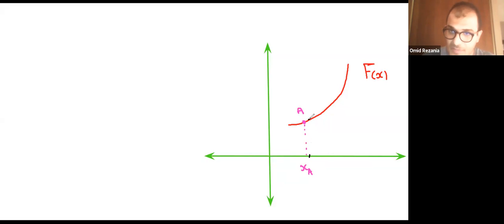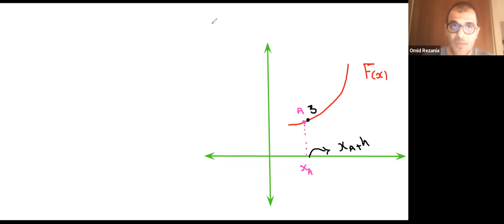Then you see that the point which we call xa plus h, as h is too small, the point B is going to be so close to A. You see that?